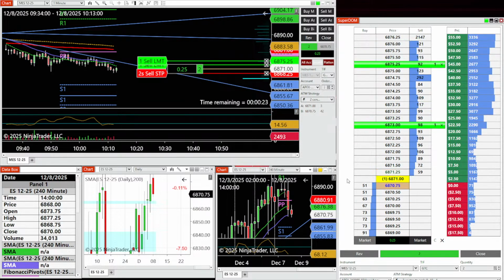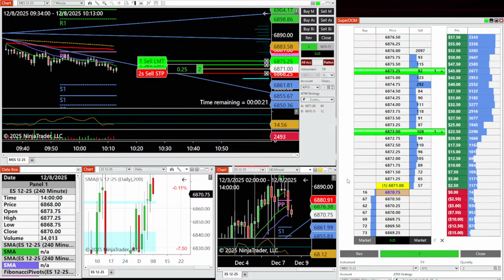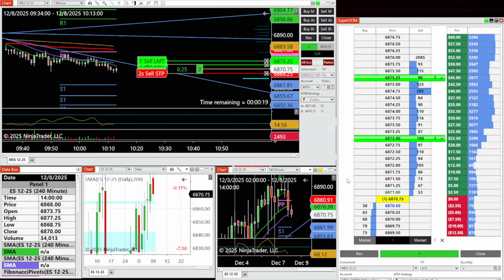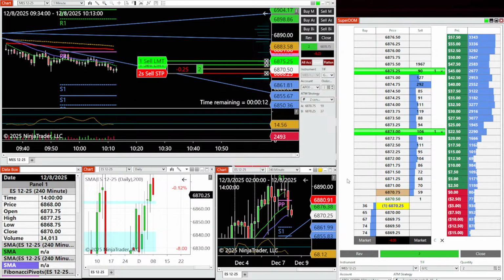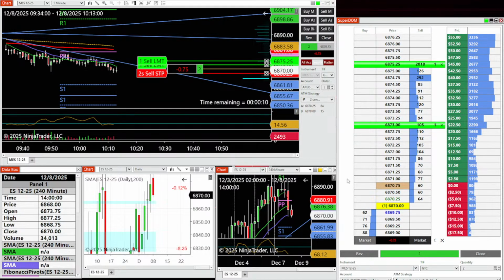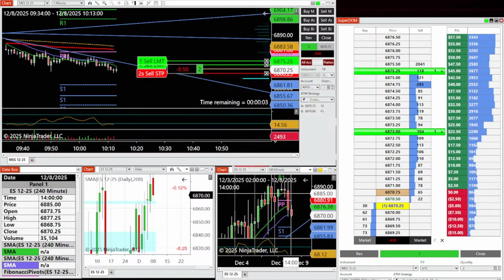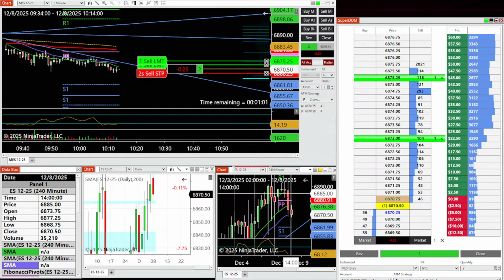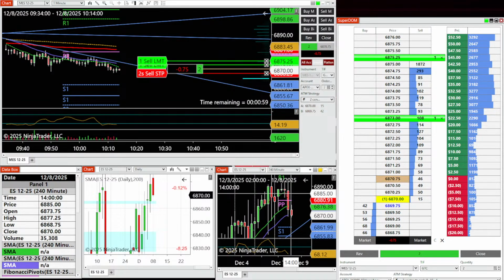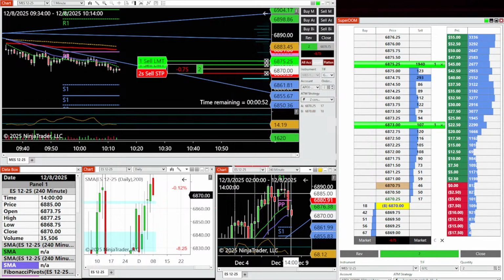See if we can hold above 70. The low is 68. I don't know if we're at the lows yet, but what time is it? 10:14.